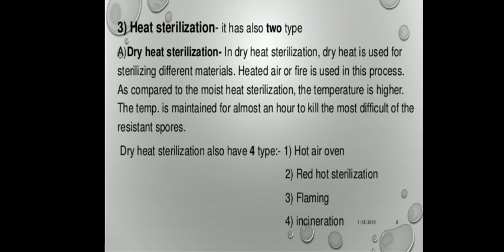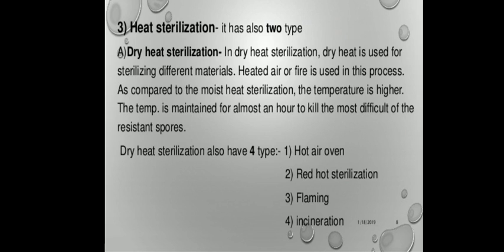Then the third most important physical method is heat sterilization. In heat sterilization, we have already seen that there are two types: one is dry heat sterilization and the second is moist heat sterilization.